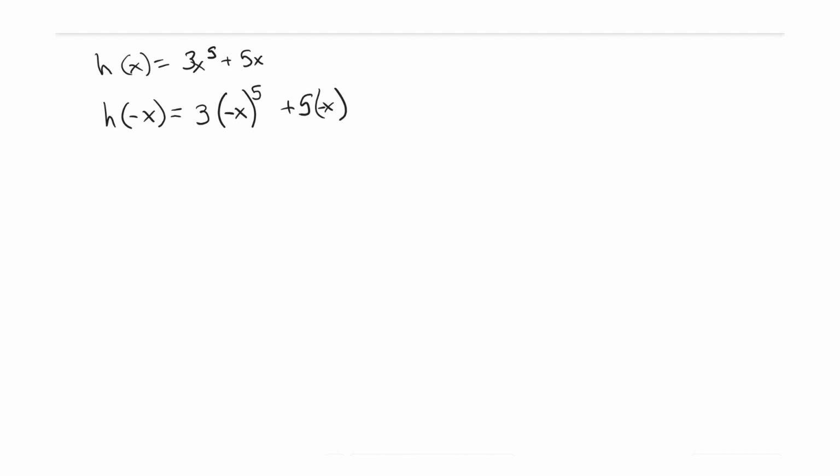So negative x to the power of 5, well, that's simply negative x times negative x times negative x times negative x times negative x. When we multiply two negative numbers together, we get a positive number. And here we get another positive number. So when we multiply two positives together, we get a positive number.